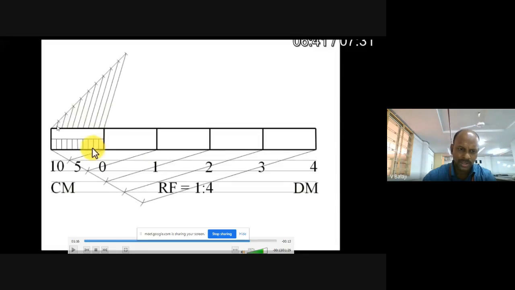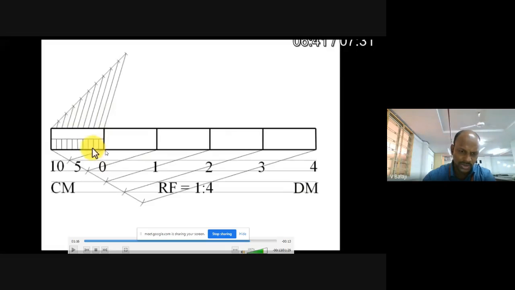Now, after getting these parallel lines, from each point, you can draw vertical lines. You can draw fully or you can draw half of that box. Anyway, it is only to represent 1 centimeter, 2 centimeter, 3, 4, 5. Now here you see the numbering system from 0 to left hand side. That means from right to left it goes.